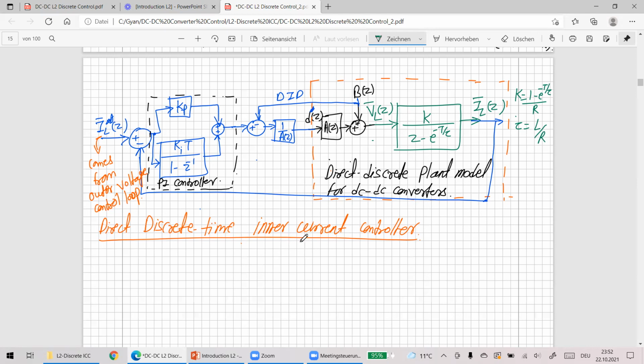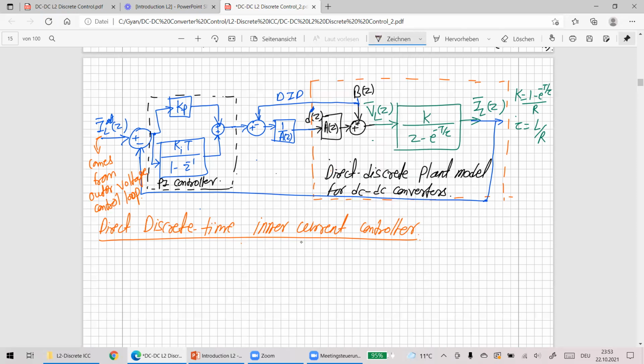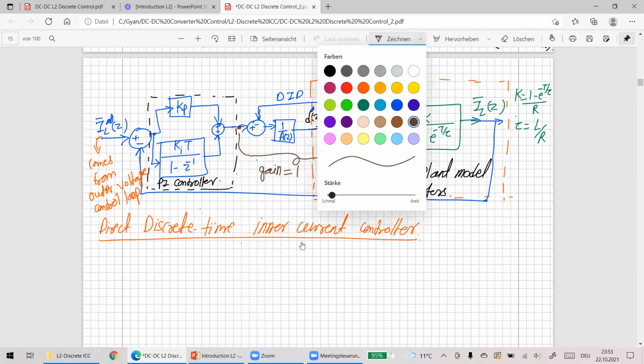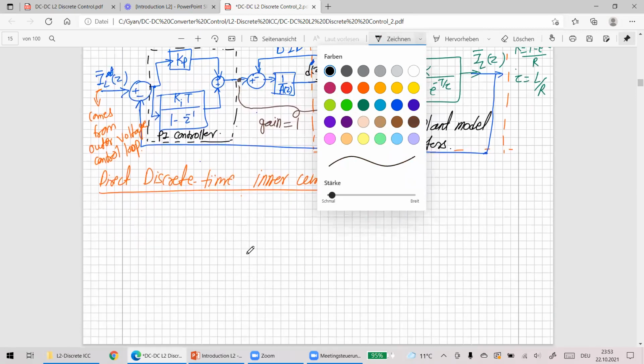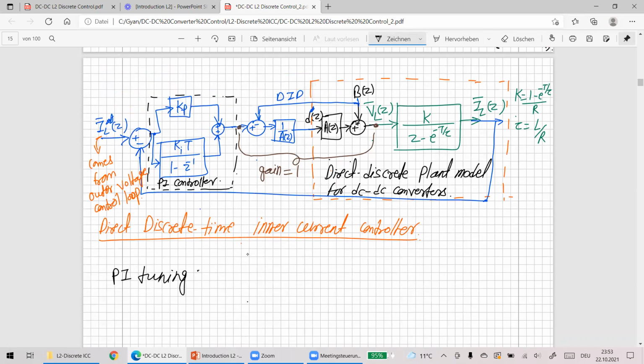Now, the last part is to tune our PI controller. To tune our PI controller, we already know that the gain from this point until this point is equal to 1. So for tuning the PI controller, we need to draw the simplified block diagram, which we also did in our continuous time current controller.